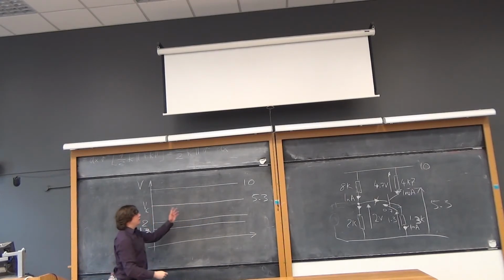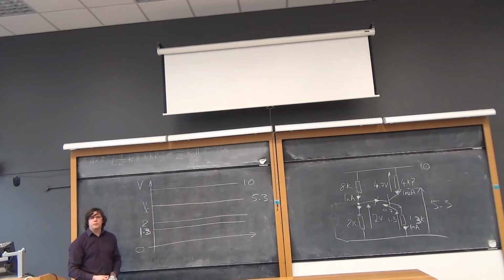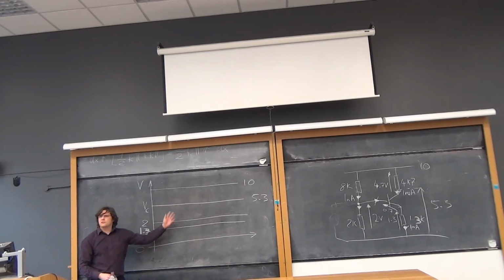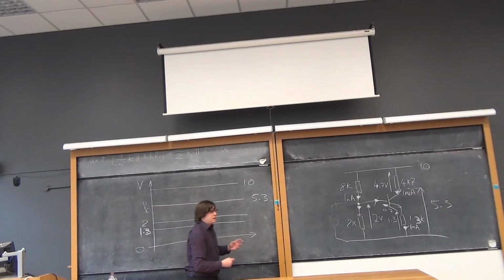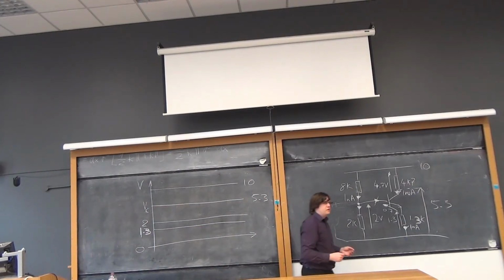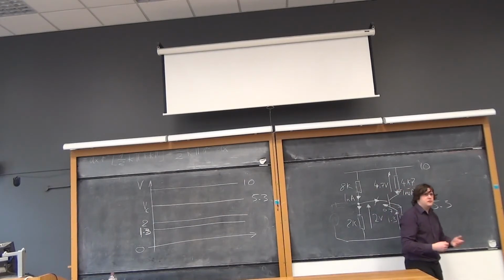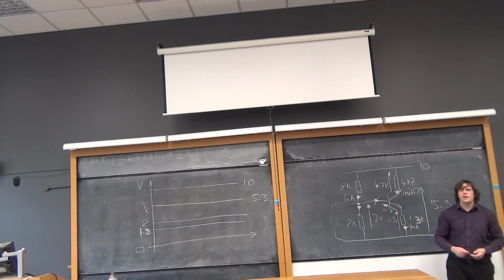And this is actually quite a nice arrangement of numbers. Is everybody happy how I got to this graph? The thing about the transistor is it has to be in its amplifying region, which for a bipolar transistor is also called forward active or linear.